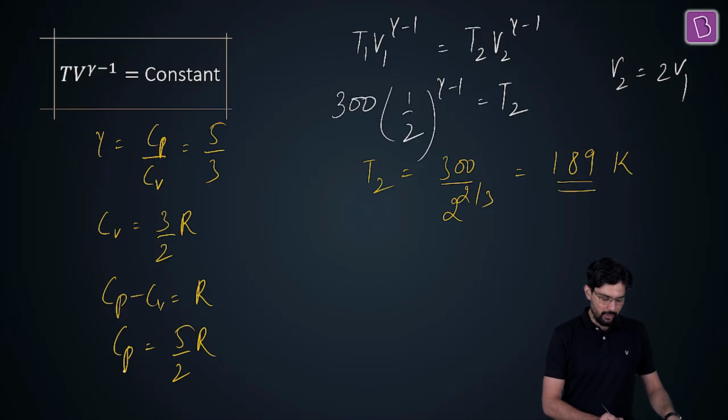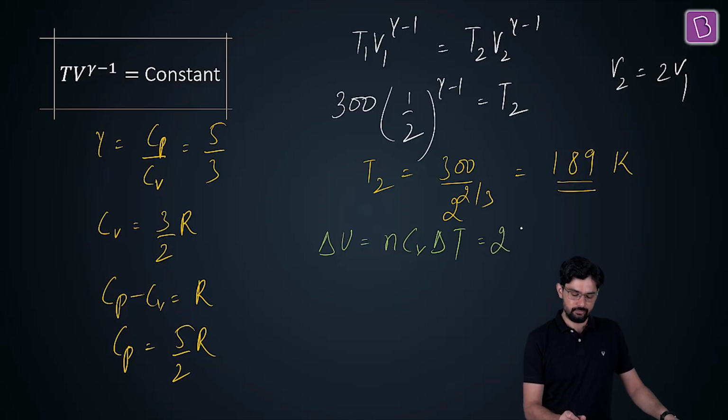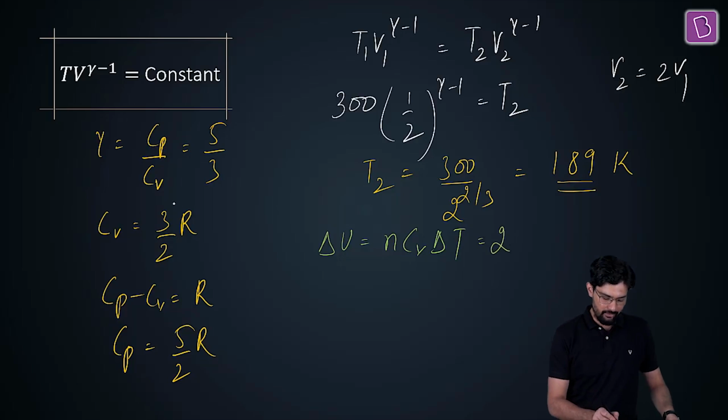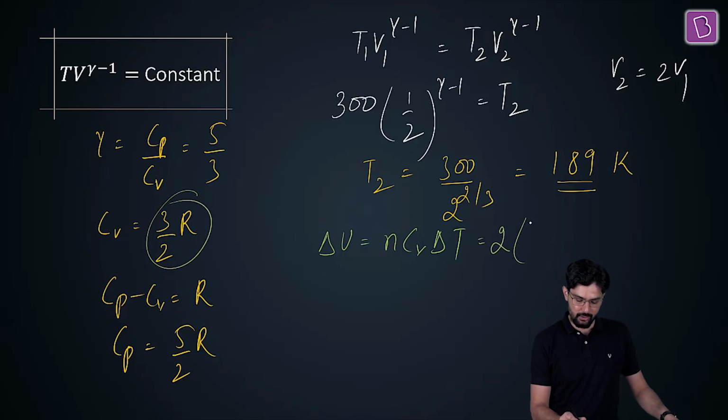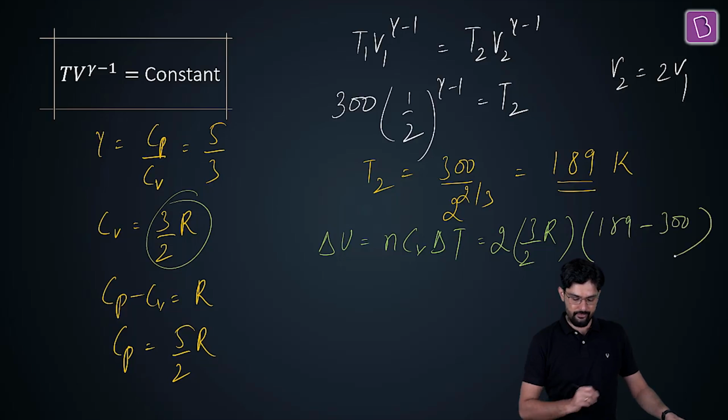And we can use the formula to find out the change in internal energy of the gas. We know that change in internal energy is going to be equal to nCv delta T, right? Number of moles is 2. What is Cv? Well, we found Cv to be equal to 3 by 2 R. And the change in temperature is final minus initial.